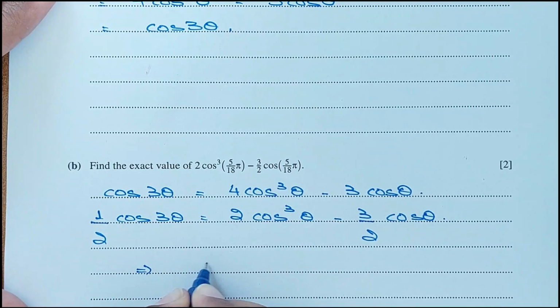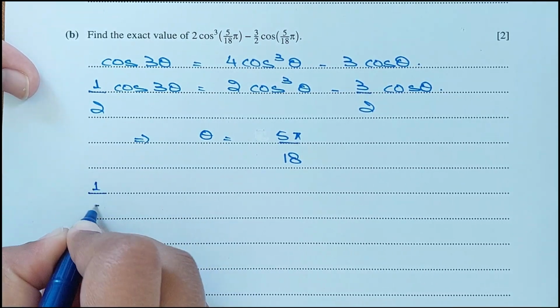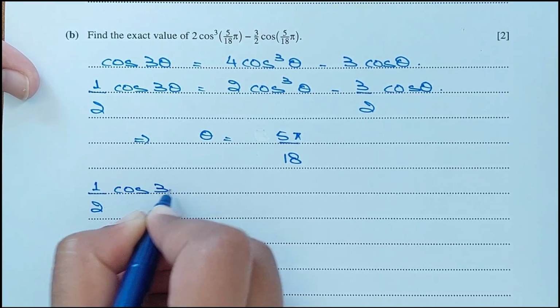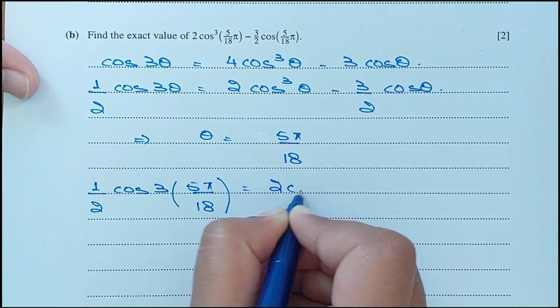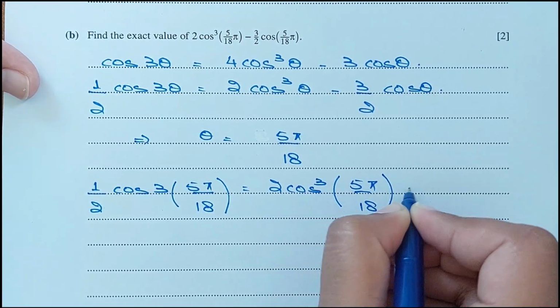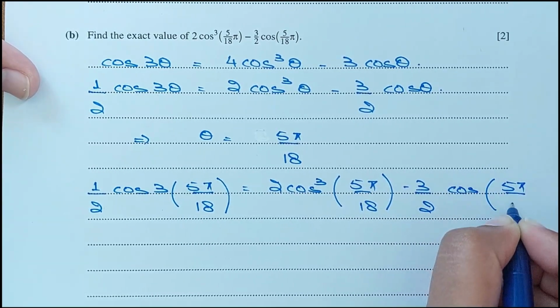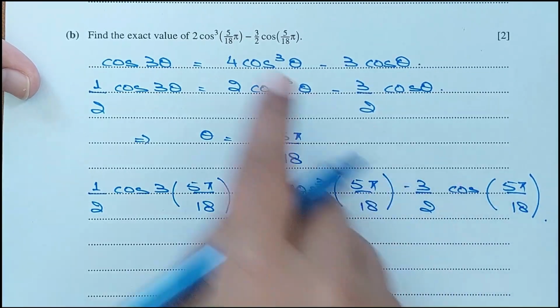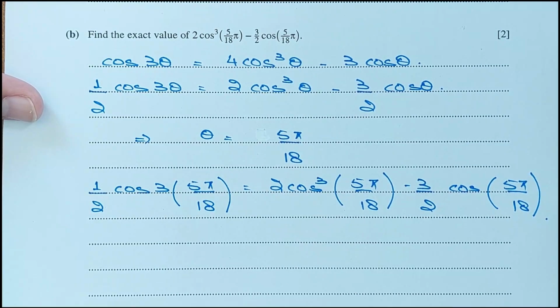So this implies we have theta is equal to 5 pi over 18. So if I rewrite 1 by 2 cos 3 into 5 pi over 18, this is equal to 2 cos cube 5 pi over 18 minus 3 by 2 cos 5 pi over 18. So this whole thing, we have to solve for this. Let me use a calculator for this.